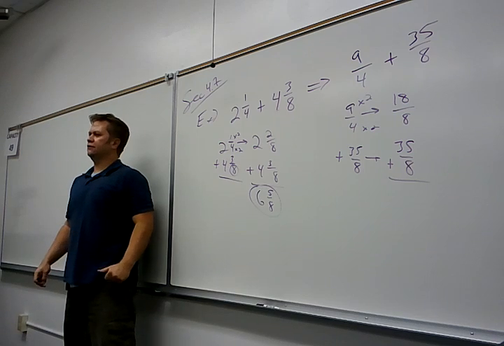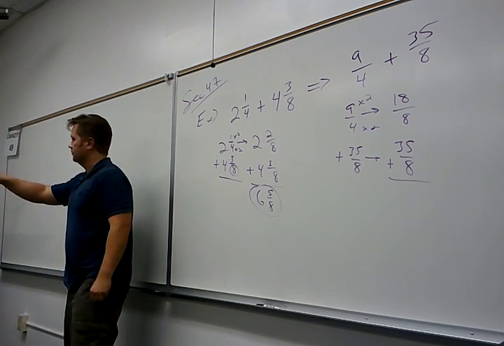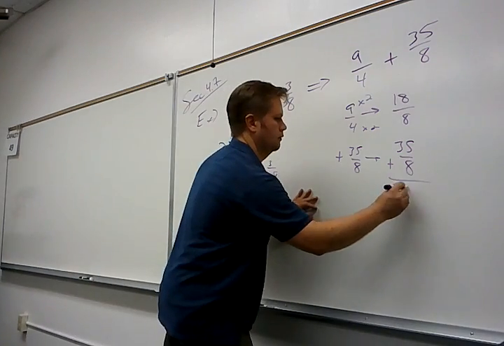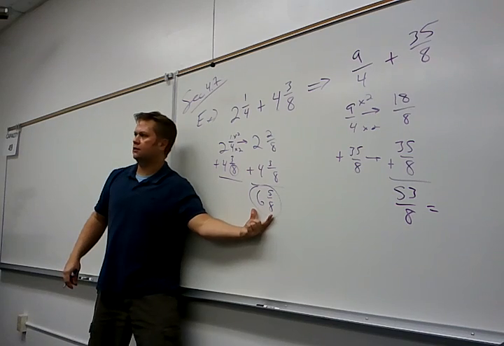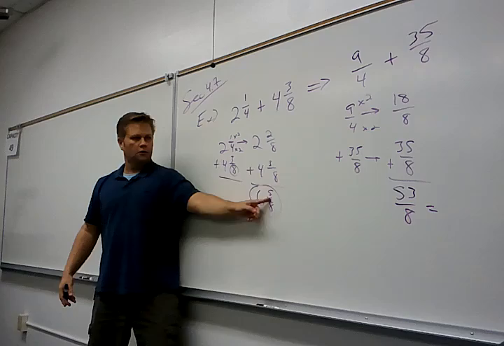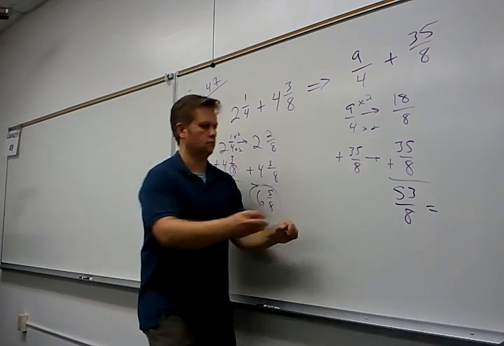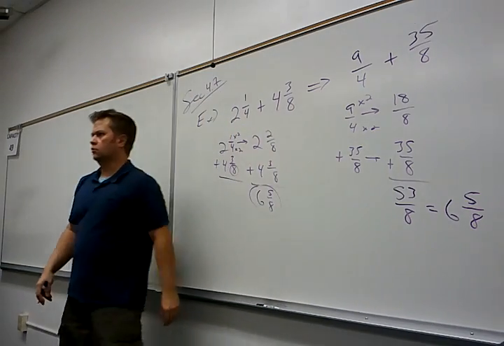What's 8 plus 35? 43. 43 plus another 10. 53. 53 over 8. And if I had to, I could change that back into a mixed number. 8 goes into 53 6 times. That's 48 with 5 left over. It's still the same answer, of course. Cool.